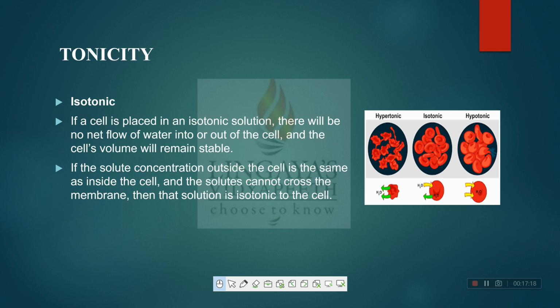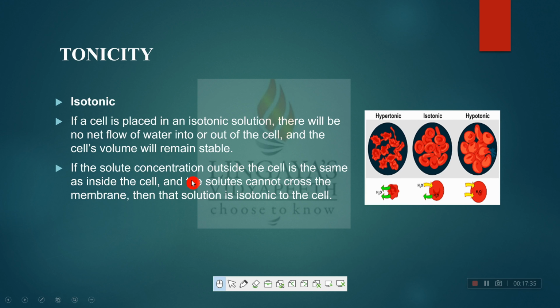Iso means same, which is of the same concentration. So when we put the same concentration together, there will be no net flow because there is no difference in the concentration gradient. Therefore, there will be no movement of water.